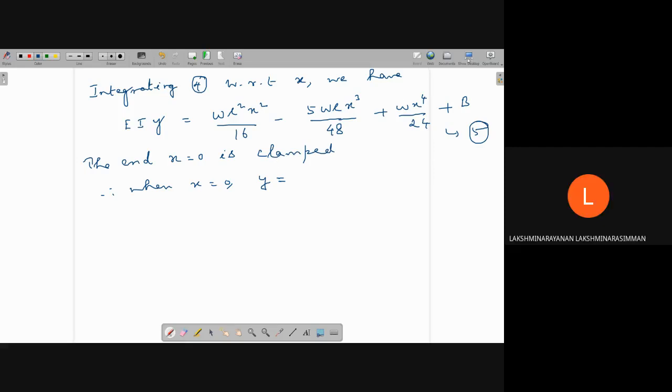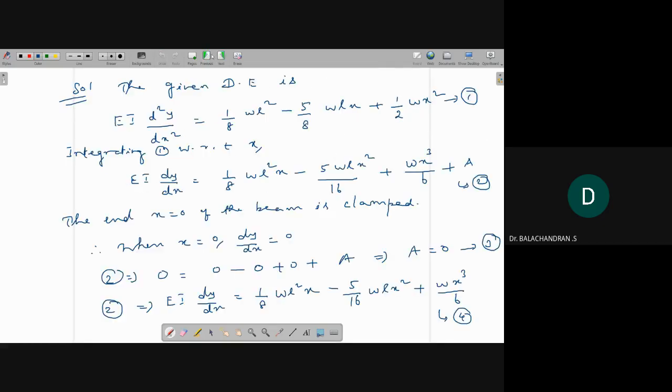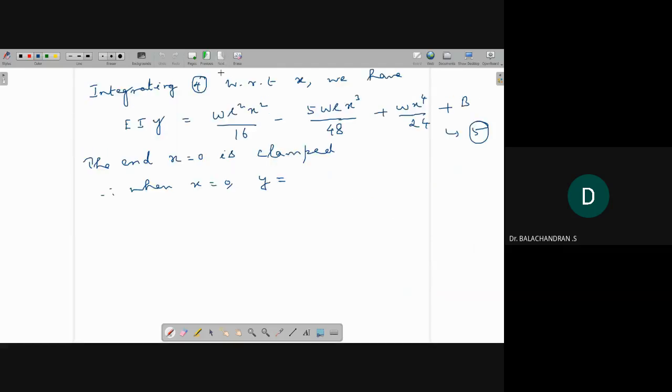I'm asking the condition when x is equal to 0. Here we used one condition when x is equal to 0, this end is clamped or fixed, first derivative 0. Similarly, I'm asking at the end x is equal to 0, y is what?